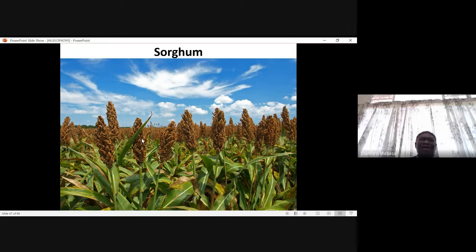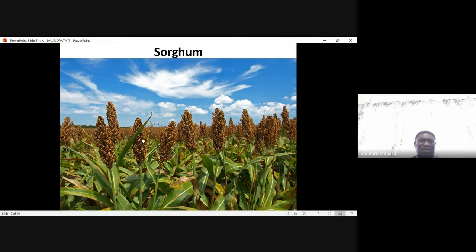I think they are selling to a company which does brewing of beer, and they are making a lot of money from sorghum. Probably in those areas, weeds are being suppressed by the sorghum.